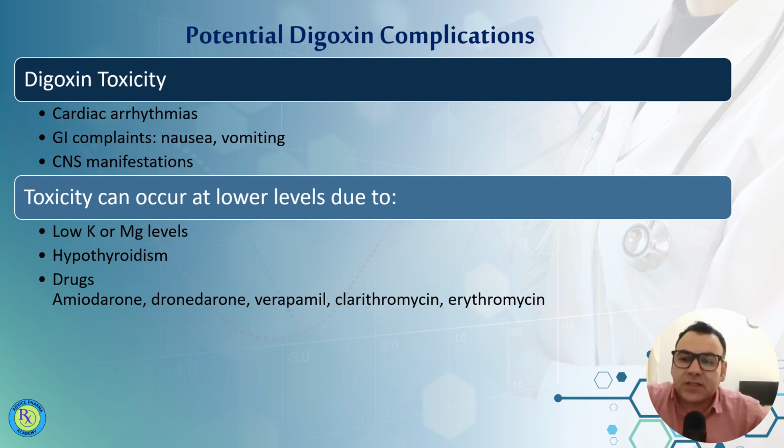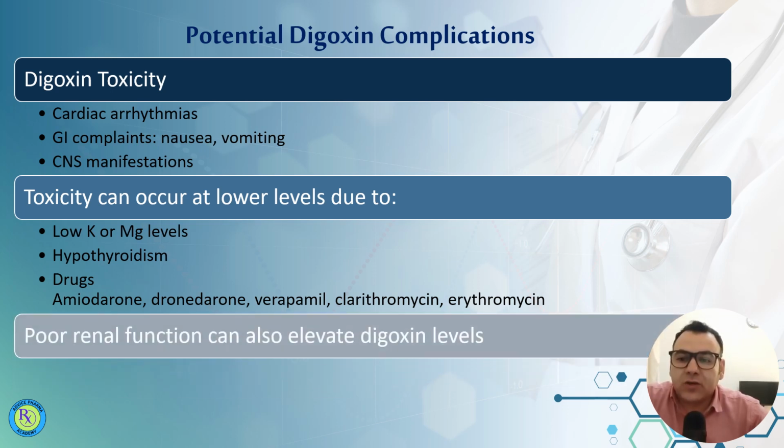Some drugs that interact and increase digoxin level are amiodarone, dronedarone, verapamil, clarithromycin, and erythromycin. Also, poor renal function can elevate digoxin level, and this is evident in elderly patients who usually have poor renal function, so it's preferable to start low and keep them on a low dose of 0.125 milligram.